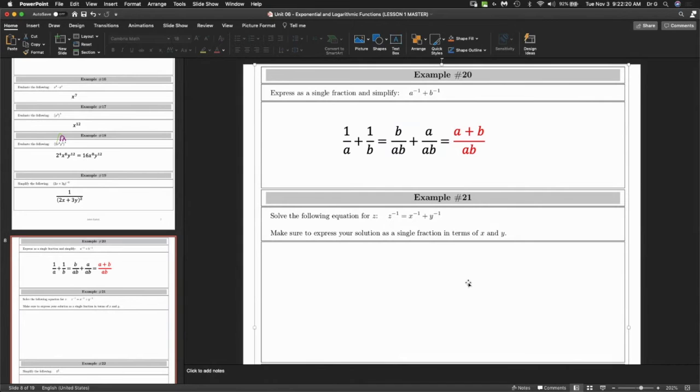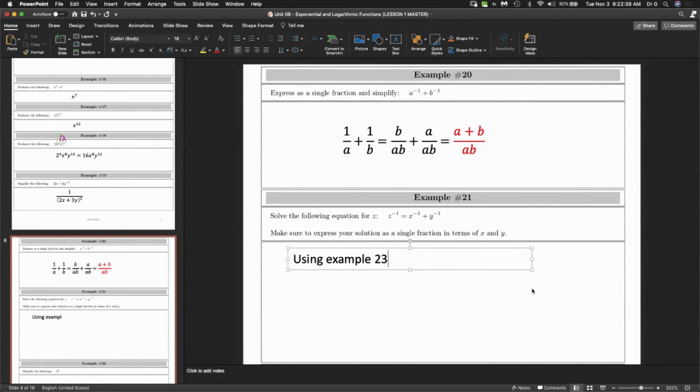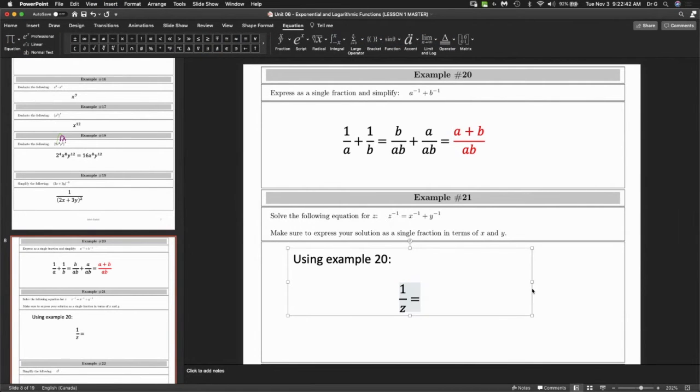This question, thank you, Shaquille. This question here is actually very similar to a question we did prior to the midterm. So actually what we can do is we can recycle the previous question. So I'll say here, using example 20, we can say that we have 1 over z equals 1 over x plus 1 over y.